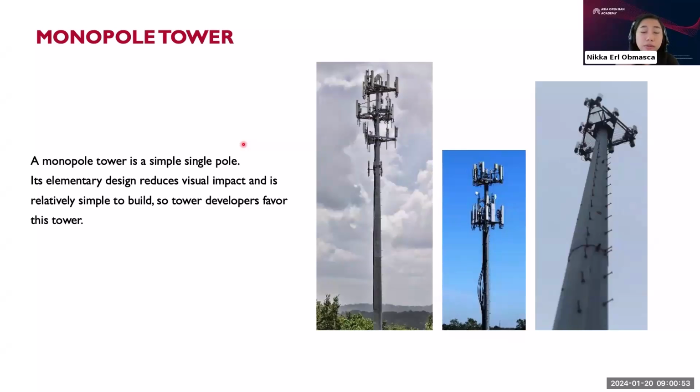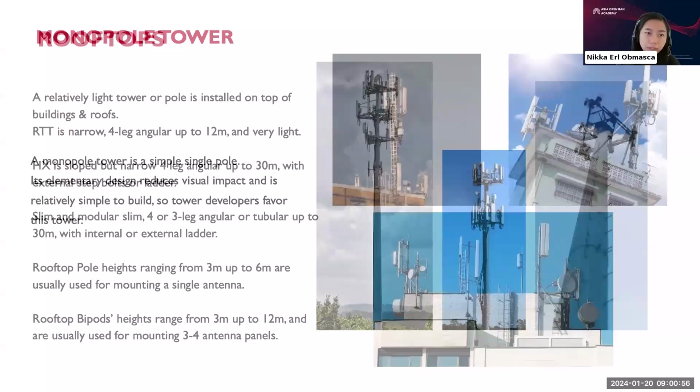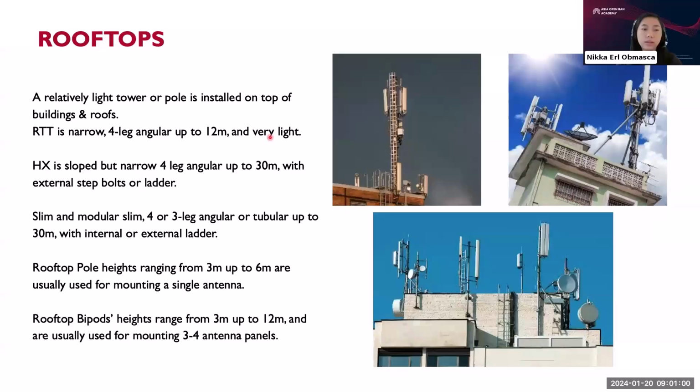So the next one is the rooftop tower. In a rooftop, there are two kinds, which are the rooftop pole and the rooftop bipods. The rooftop bipod usually ranges from 3 meters to 12 meters, and it holds 3 to 4 antenna panels.